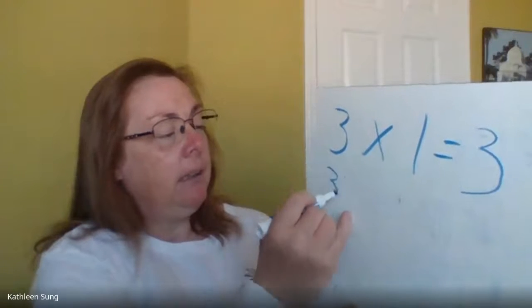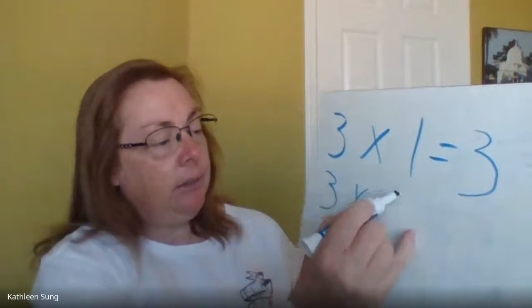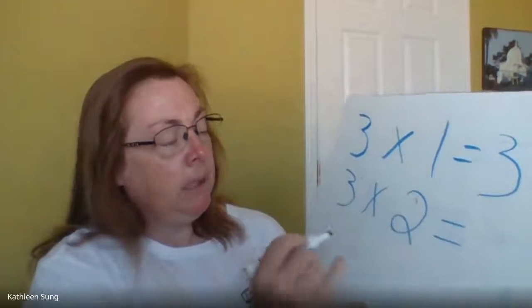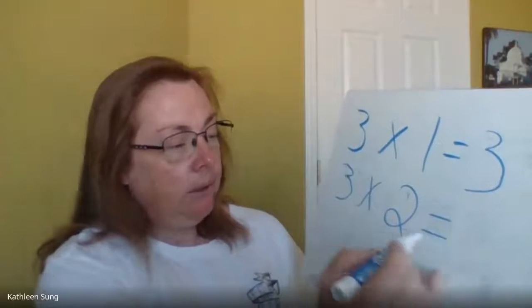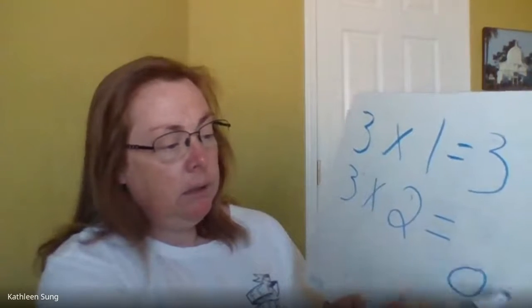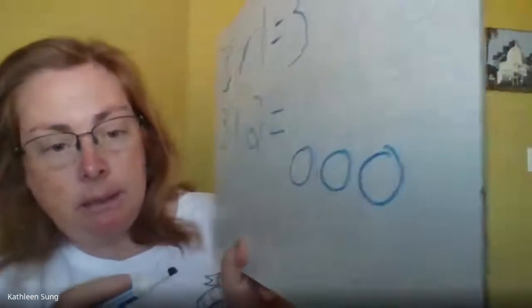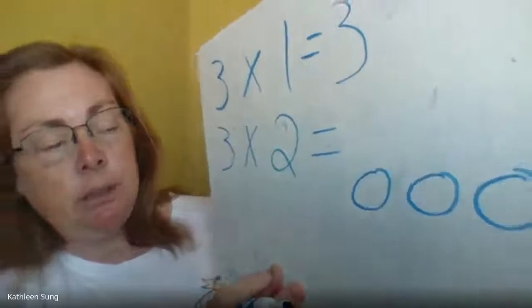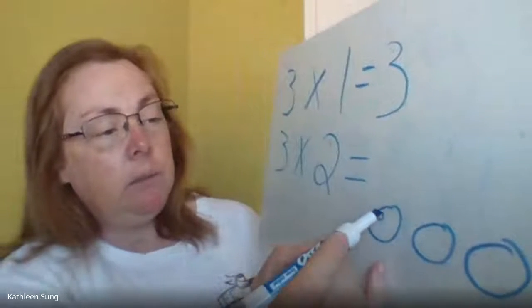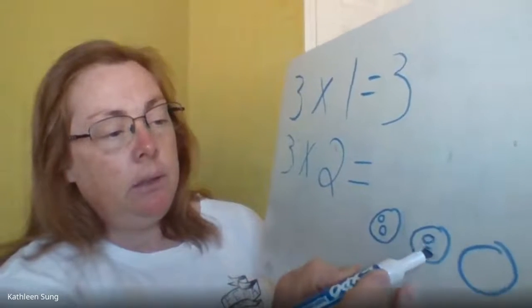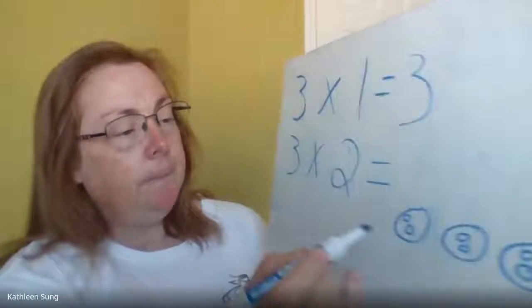All right, then if we go to 3 times 2, so we still have our 3 plates here, 1, 2, 3. And how many cookies are on each plate this time? Oh, get the plates in the picture here. All right, so how many cookies? 1, 2, 1, 2, 1, 2.